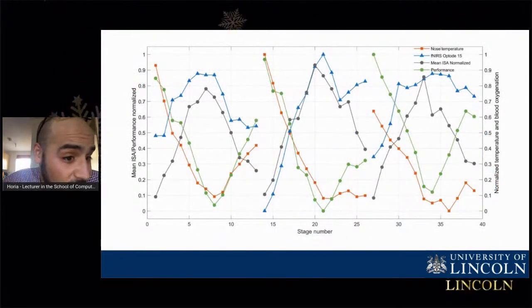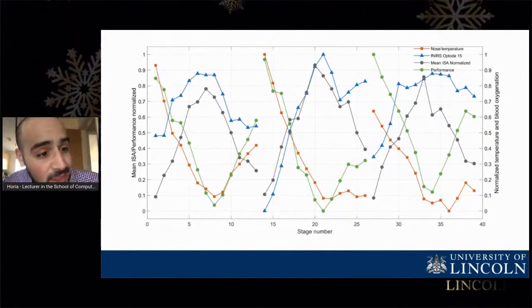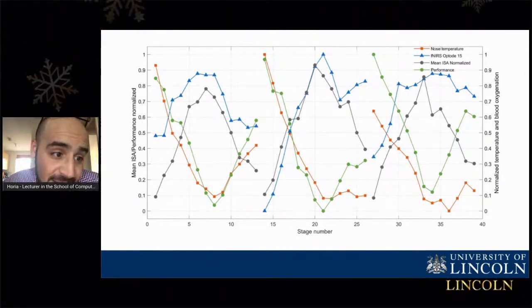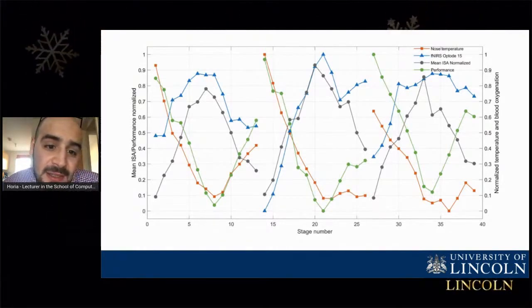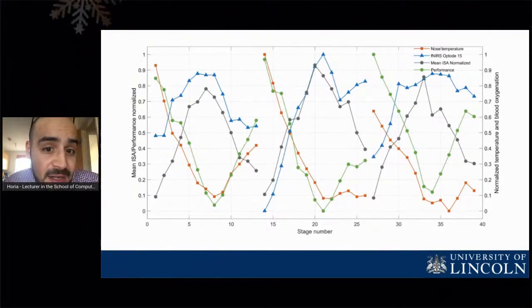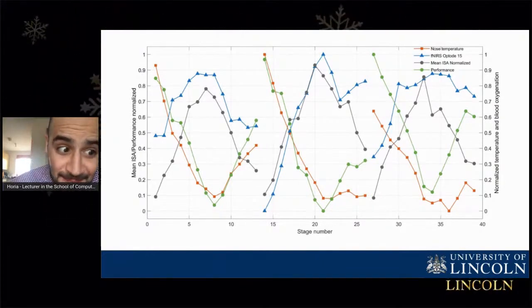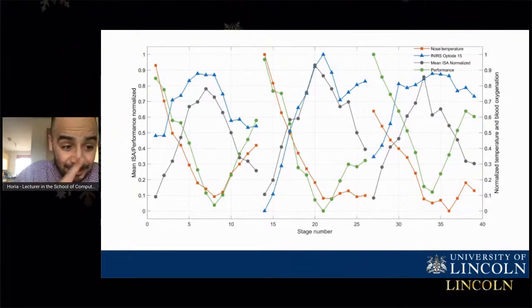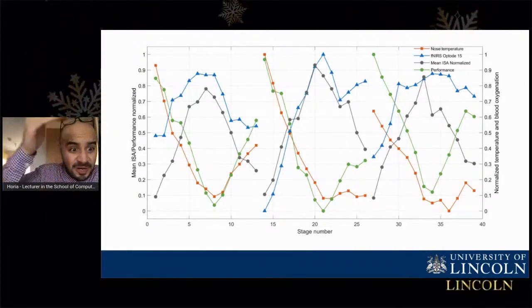We found a very, very close relationship between physiological data, performance data, and demand. So you can see those 3 peaks happening here again. The red line here is the nose temperature. So you can see that the nose temperature of people went down as they had to work harder.